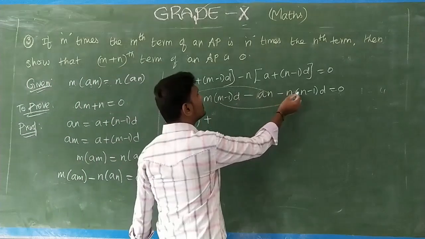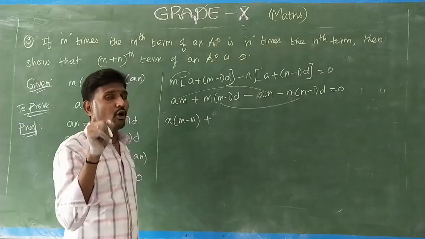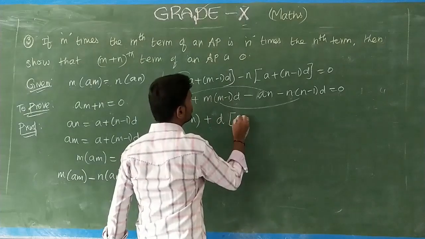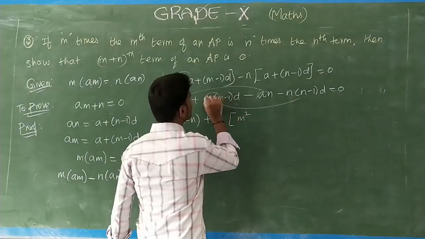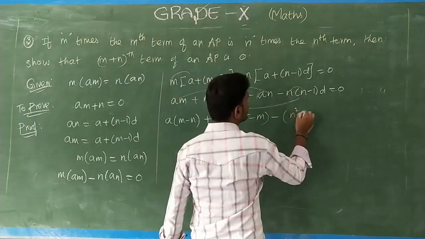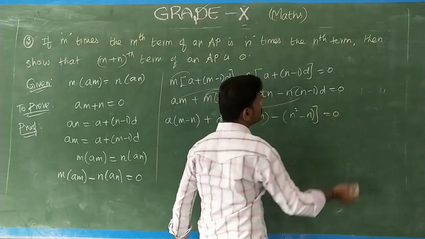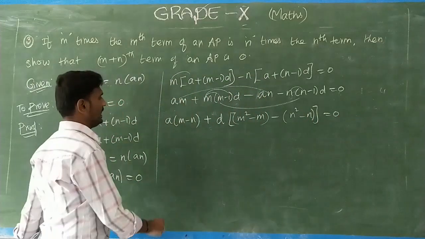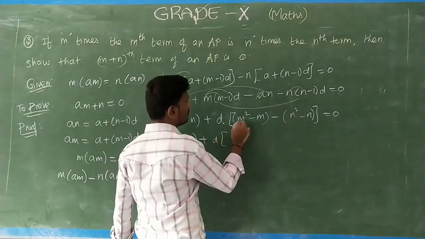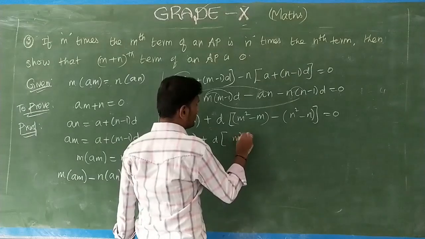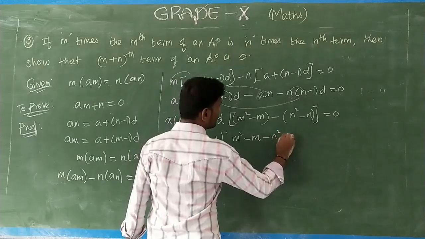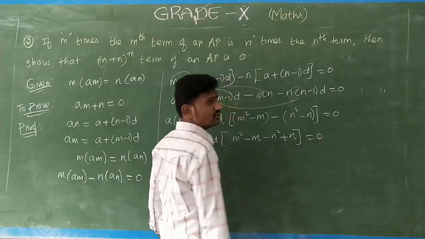The second and fourth terms have a common term d, so take d outside: m square minus m, minus n square minus n, is equal to 0. Now a into (m minus n) plus d into (m square minus m minus n square plus n) is equal to 0.